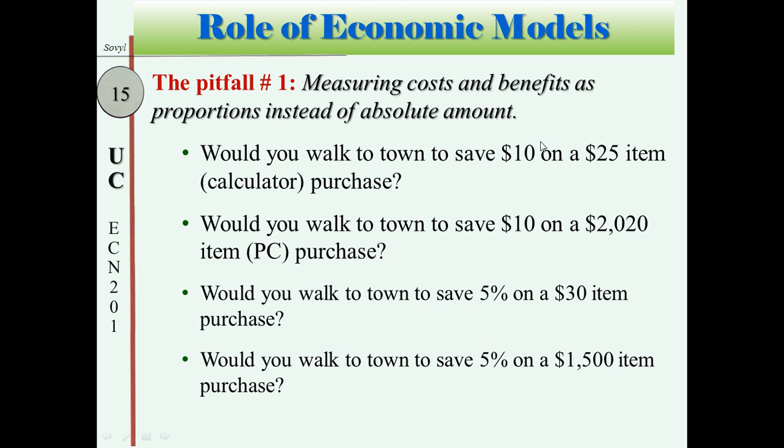This one saves the same amount, this one saves the same percentage. So I want to hear your answer. The first 2 questions, which one to choose? The first or second? The last 2 questions, which one to choose? The third or the fourth?